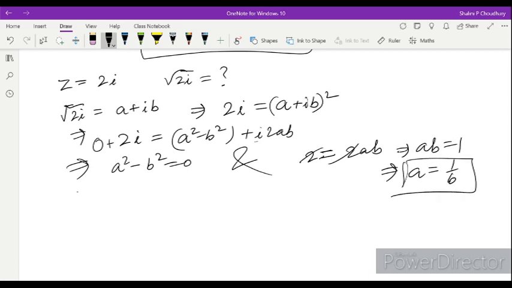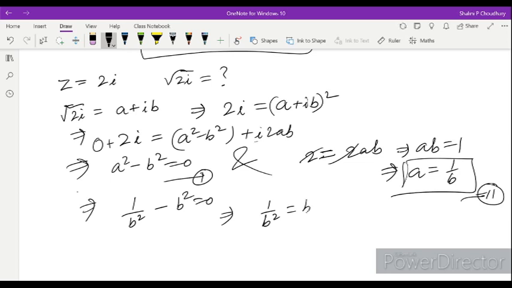So this is equation 1, this is equation 2. Now putting the value of equation 2 in equation 1, what we'll get? a square, it means 1 upon b square, minus b square is equal to 0. 1 upon b square will be equal to b square. Now b to the power 4 is equal to 1. It means b square will be equal to plus minus 1.